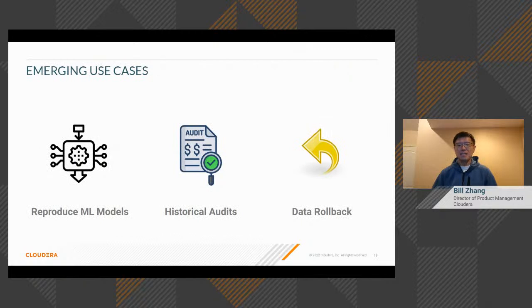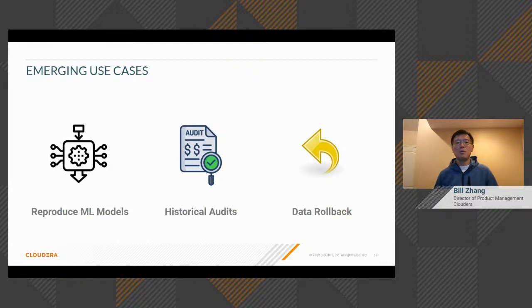Now, as I mentioned, I want to talk about some of the emerging use cases, which are based on all those technical features. I want to up-level this a little bit and translate how you, as analytics or data engineers, can benefit from this set of technical features.